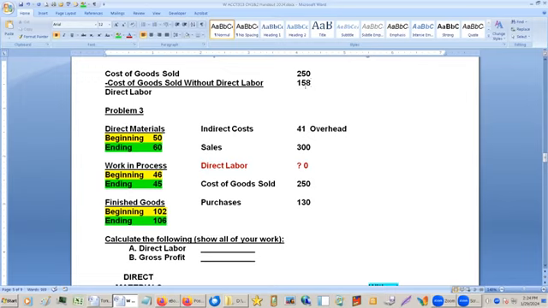Okay, so we're going to subtract this out because we know the difference between these two must be the direct labor. So our direct labor will be 92. So this is our direct labor.